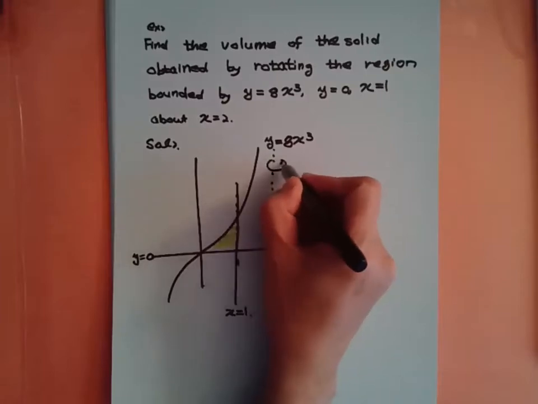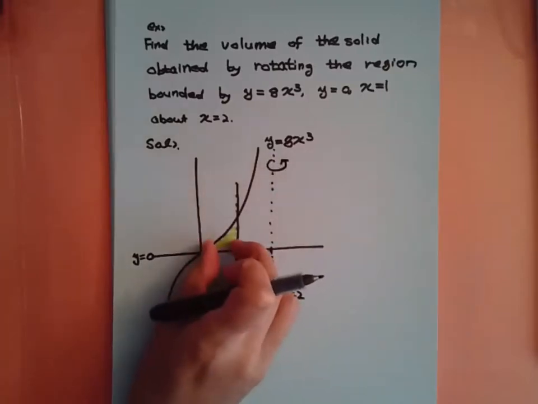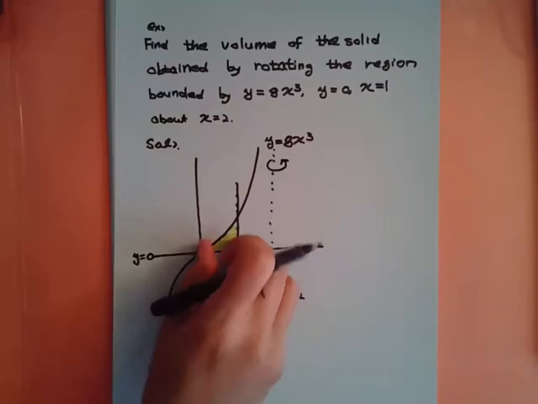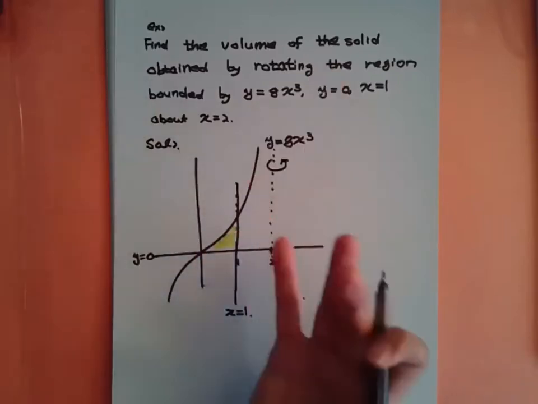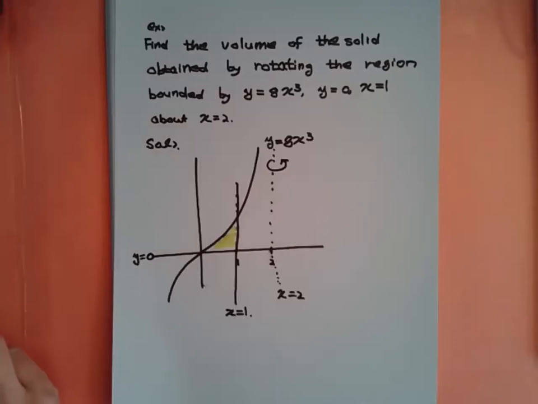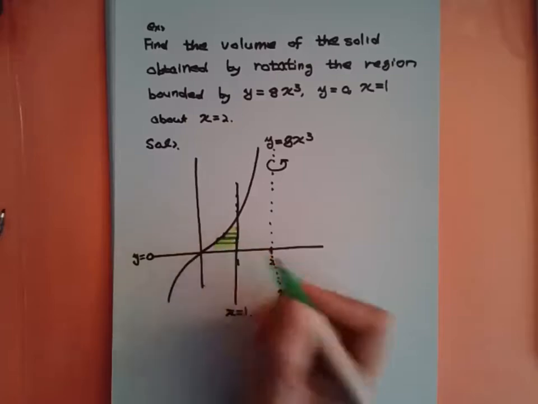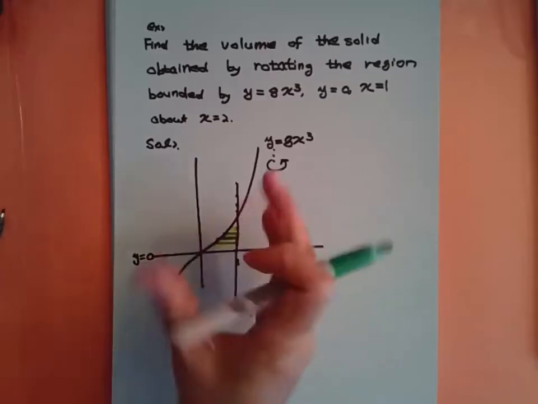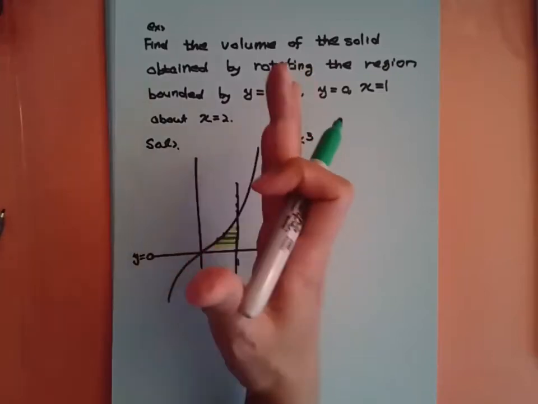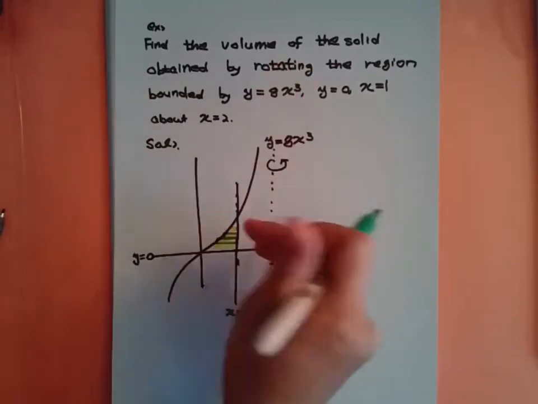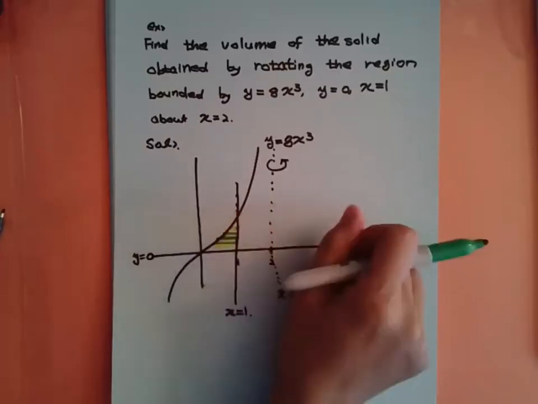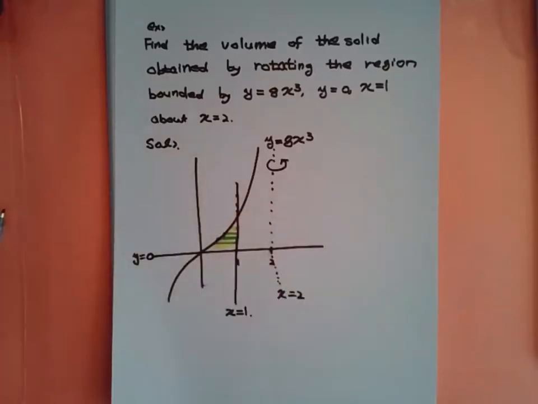So we rotate that triangular part around this vertical line. When we think about the cylinder, we are rotating the horizontal cylinders, which are perpendicular to the vertical axis. So these sticks will be rotated around this vertical line.